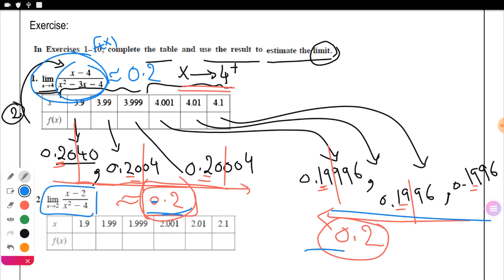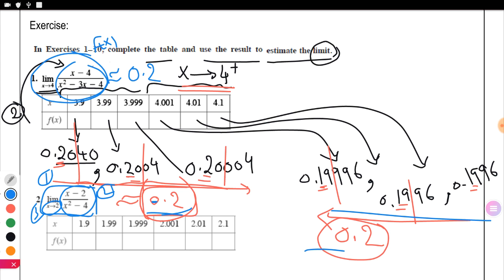Limit. I don't say lim. Limit of the rational function (x minus 2) over (x squared minus 4) when x approaches. Understand? So I have to find where the function approaches which value of y as x approaches from the right or from the left.